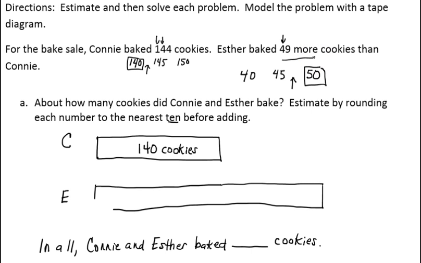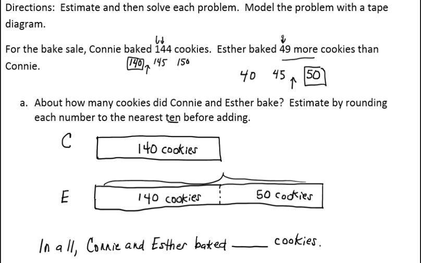So we'll make her tape longer, and we'll show that the portion that's more than Connie's is 50 cookies. And again, if she baked the same amount, that would have been 140 cookies.